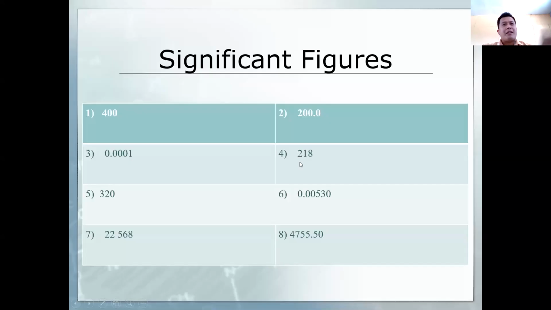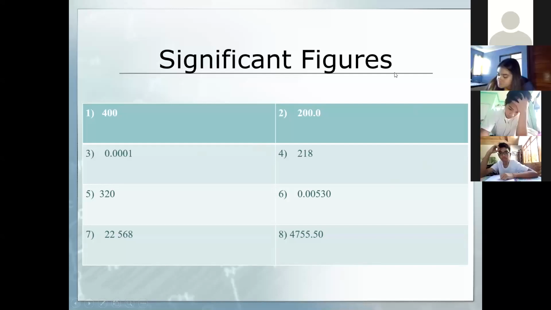Okay, so unmute yourselves if you have a question. Let's proceed to number 3. Lucia, how many significant digits are there in number 3? 1. 1, correct. So number 3 only contains 1 significant digit. Number 4, Edson, this is very hard.